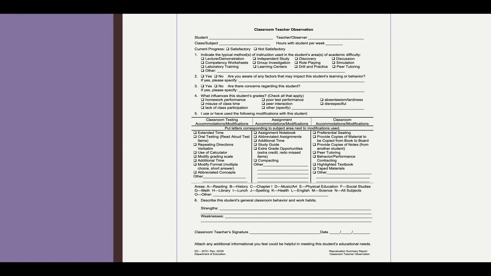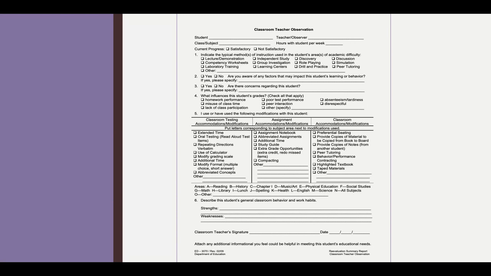So not only would you be filling these out at the request of someone, but let's say a regular education teacher comes to you as a special education teacher and says, I have these concerns. You might want to give them a teacher observation form to see what they're seeing and what their concerns are.